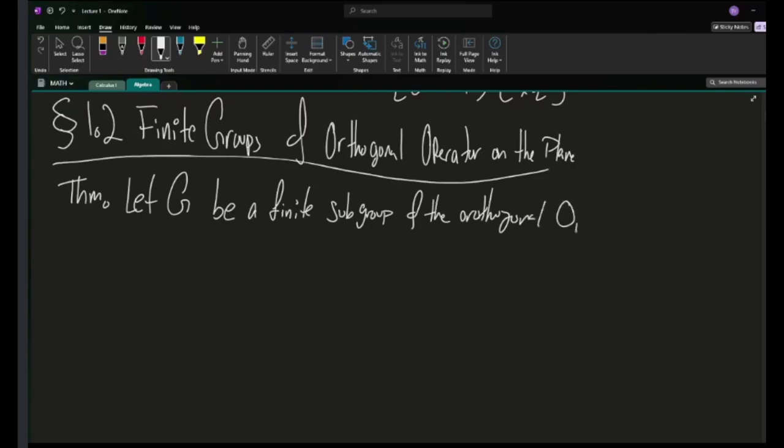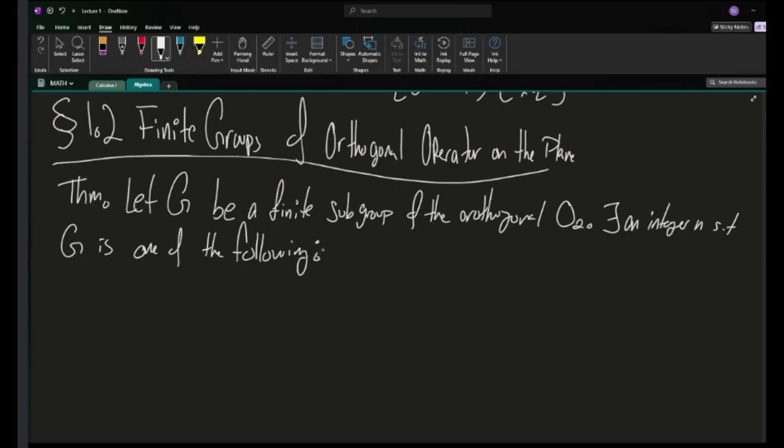So we're going to start defining these terms that I used a bit earlier with dihedral groups, but also something called a cyclic group. There exists an integer n such that g is one of the following. A cyclic group we're going to denote as Cn, and notice that we're specifically working with two-dimensional orthogonal groups.